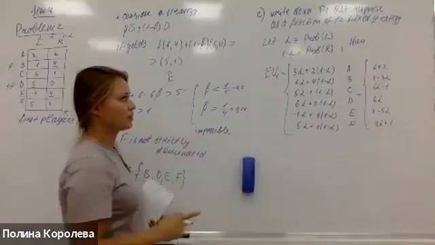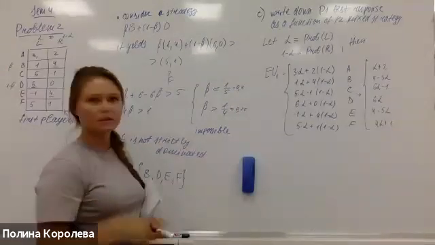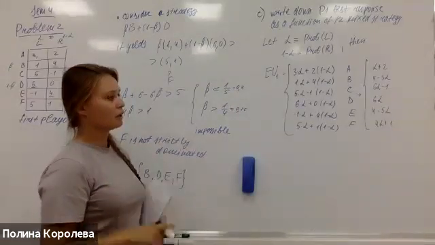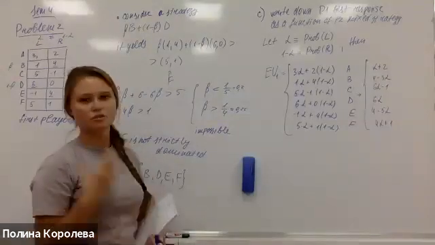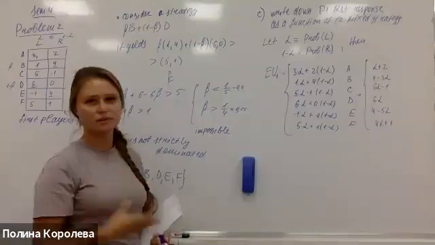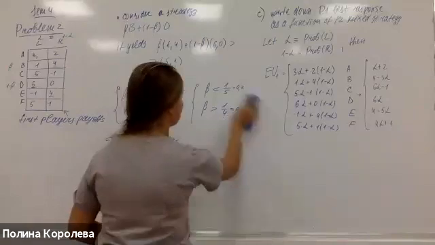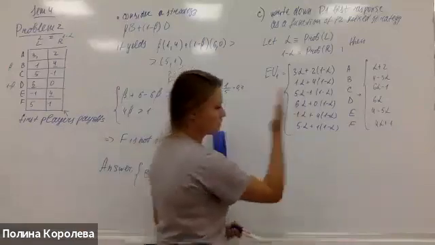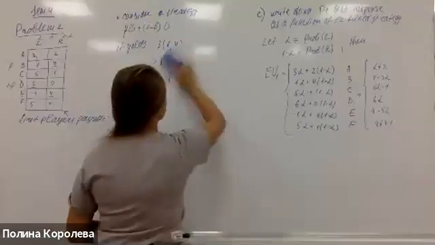Let's draw the expected utilities, and then see what strategies we should consider. We should consider such strategies that will give us maximal expected payoff. And it depends exactly on this alpha.